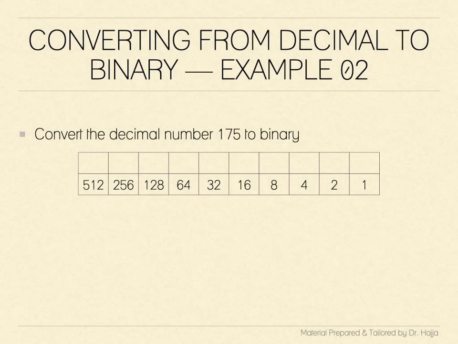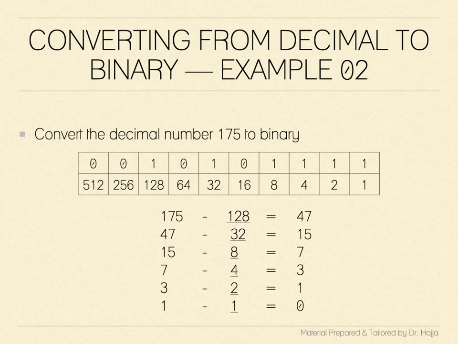Let's tackle another example. This time we are converting the decimal number 175 to binary. As always, we set up our base 2 table, showing the powers of 2 from right to left: 1, 2, 4, 8, 16, 32, 64, 128, 256, and 512.